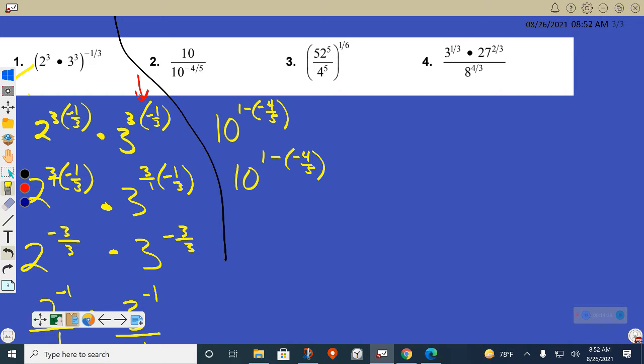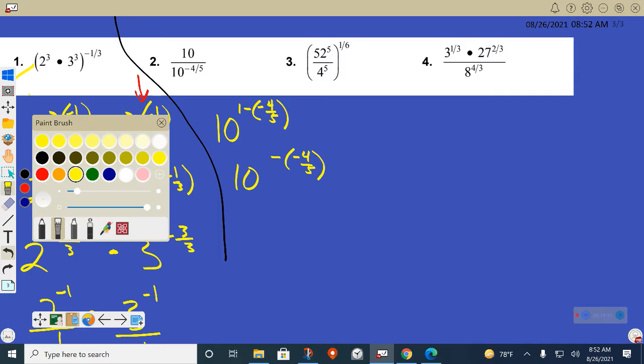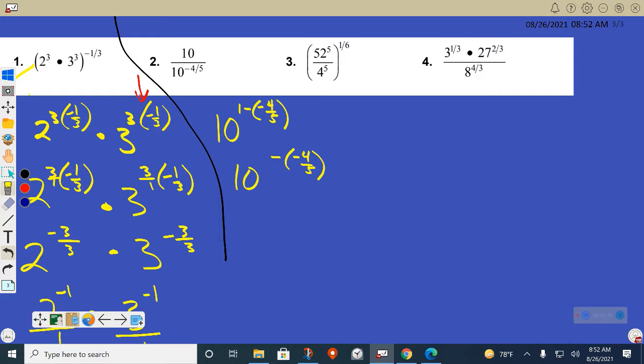Do you guys remember when you subtract fractions, you have to get common denominators? What I have to do is take the 1 right here and rewrite it as 5/5.